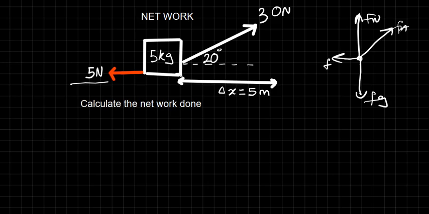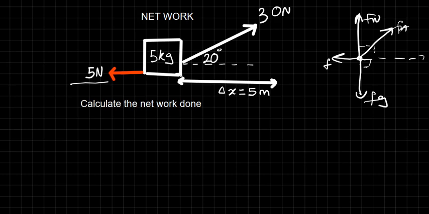Now the displacement goes to the right. Looking at the displacement, the direction of the movement, and the forces, we can see that the angle between the displacement and the gravity or the normal force is 90 degrees. So the normal force and the gravity do no work.